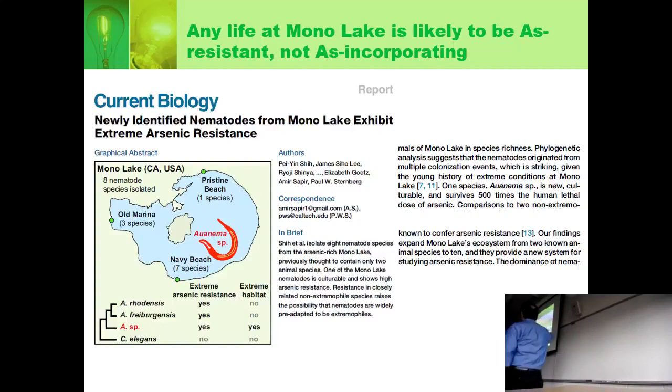But the other thing this says is, the whole idea about Mono Lake was Felisa Wolfe-Simon's idea that bacteria would actually incorporate arsenic. So here's a case where it would be advantageous to them if they could. They're surrounded by arsenic, so why can't they use it? Yet even in this case, the bacteria could not use arsenic. That seems to imply arsenic just can't be used for DNA.